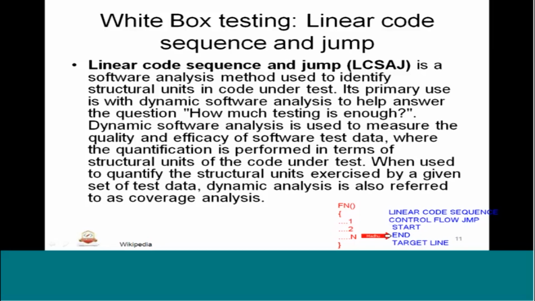That means the target line to which control flow is transferred at the end of the linear sequence. This is basically used where we have numerous functionalities having similar expected outputs and similar sorts of inputs, where we have a huge number of functions. So there it is useful. That is how they use it, the LCSAJ method.